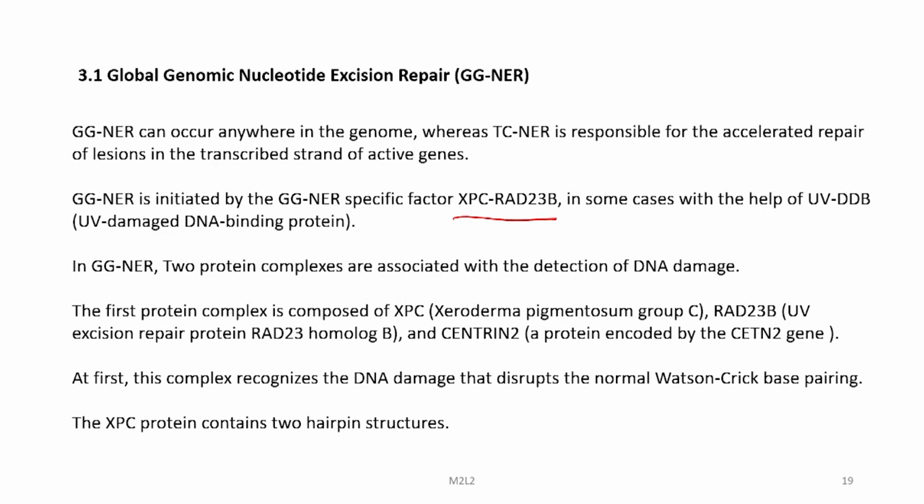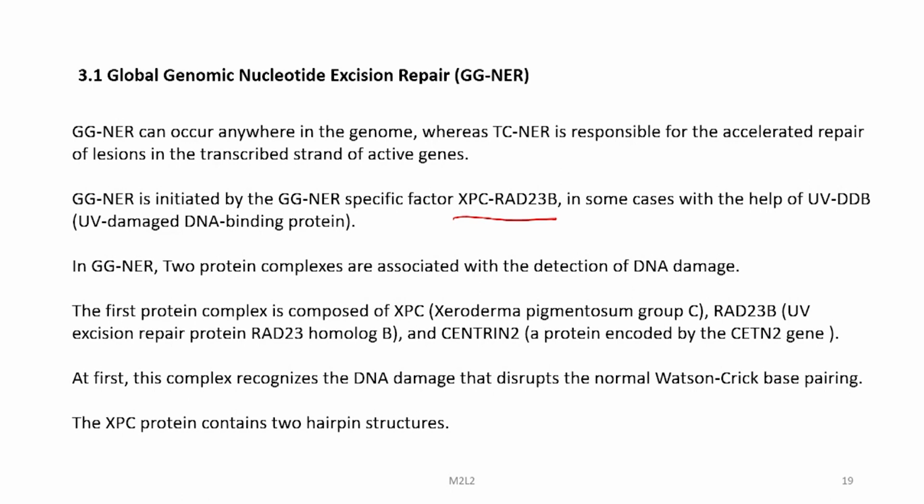In GGNER, two protein complexes are associated with the detection of DNA damage. The first protein complex is composed of XPC, Xeroderma pigmentosum group C, RAD23B, UV excision repair protein RAD23 homolog B, and centrin 2, a protein encoded by the CETN2 gene.